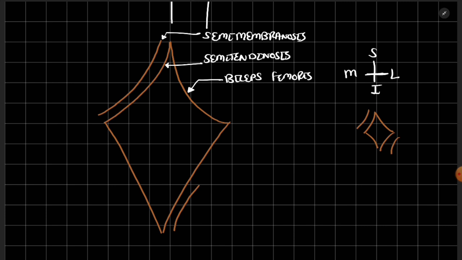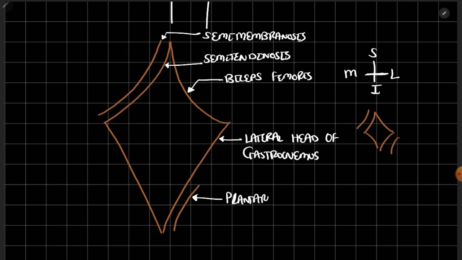Now on the inferior lateral aspect, we have the lateral head of gastrocnemius. And we have a small muscle which may be present or may not be present. It is the plantaris. And on the inferior medial aspect, which is here, what will be the muscle?